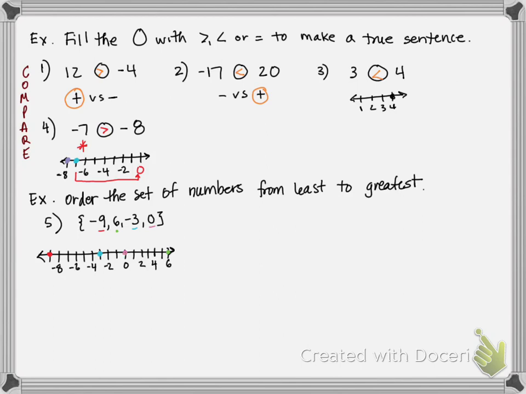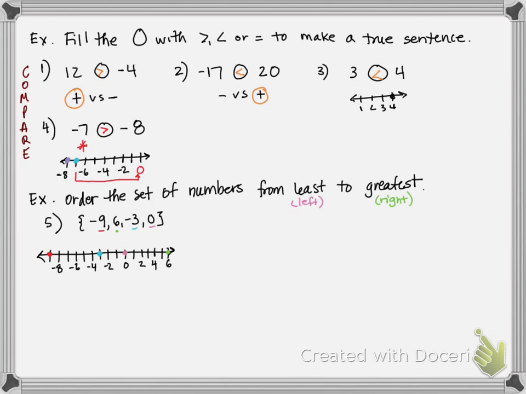Okay, so this is telling us the order our numbers should be. Least is going to be farthest left, so I'm going to write that word here, left. And this is going to be right. So as far left is your least, and as far right is your greatest.